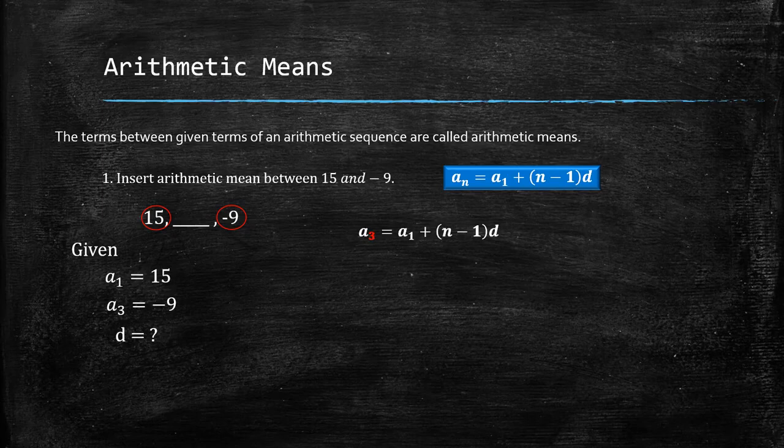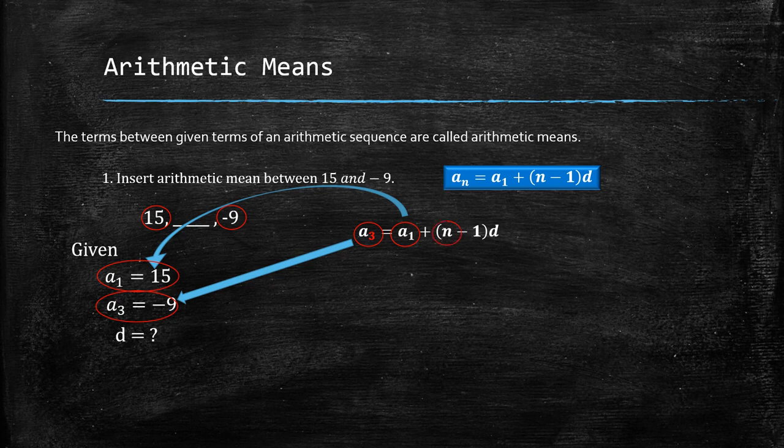What we will do is solve for d using this formula. Since a sub 3 is given as a number, which is negative 9, that is what we will use. And also we have a sub 1. Since it is a sub n, which is a sub 3, your n is equal to 3.